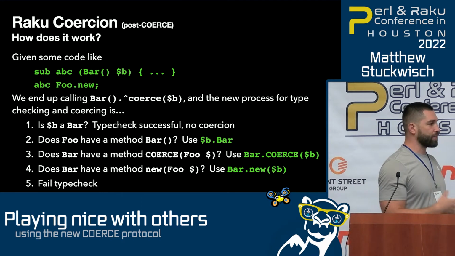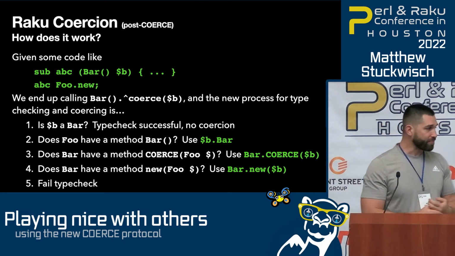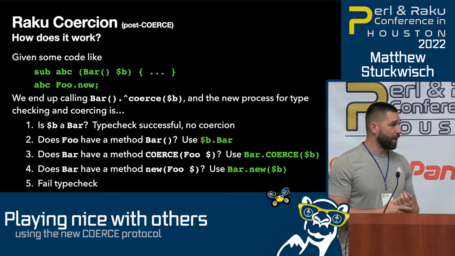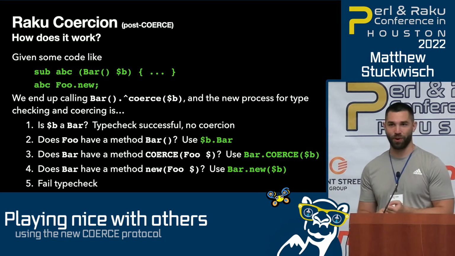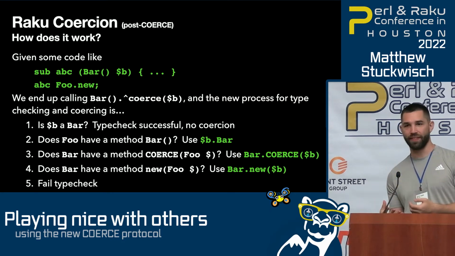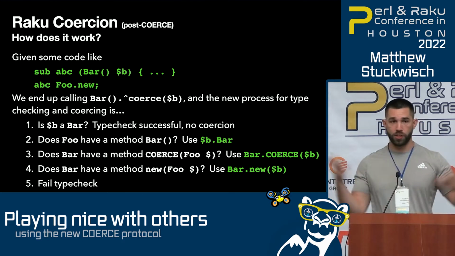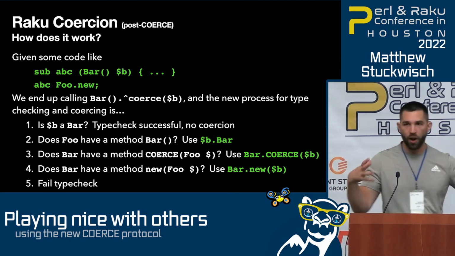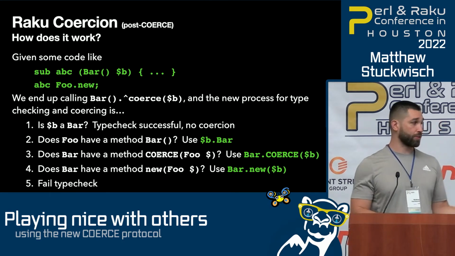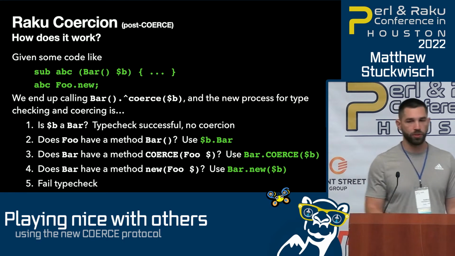And so you might be thinking, well, why do we need new and COERCE in here? I think there's probably a couple reasons. One, new is just a convention. There's no requirement to use new for creating things. It's a lowercase method name, right? Those are not reserved. There's nothing special about them really. So the COERCE one is really saying, no, we're actually taking advantage of this protocol. The new is just convention-wise, we talked about this is how most people do it.